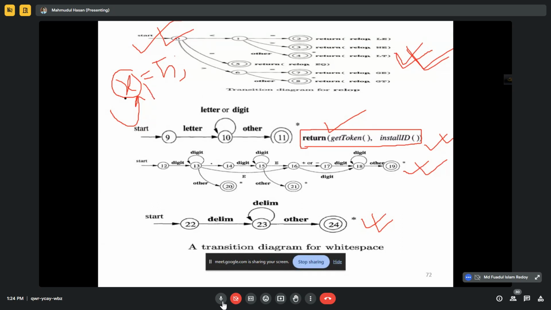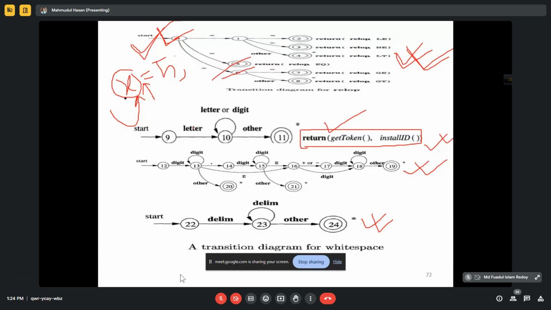Then a white space. Suppose we place those transition diagrams sequentially. This sequence also maintains some rules, but just forget those things. Then for white space, is this transition diagram able to accept?